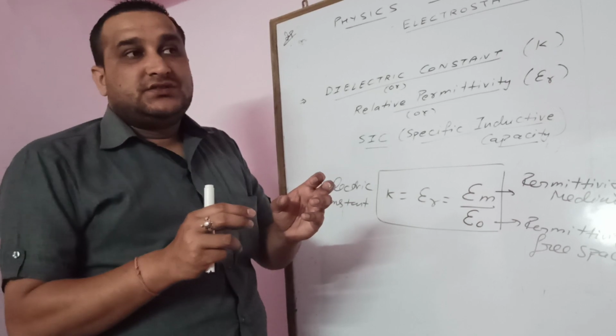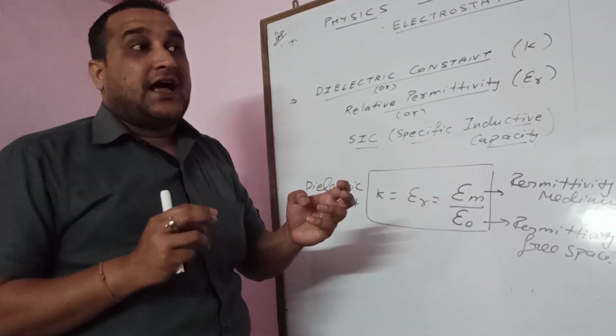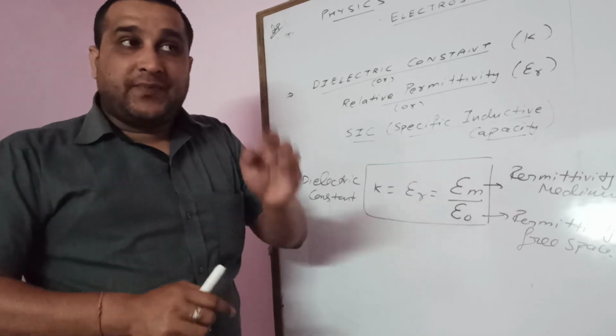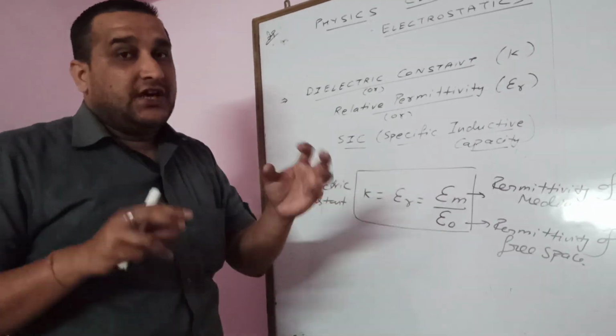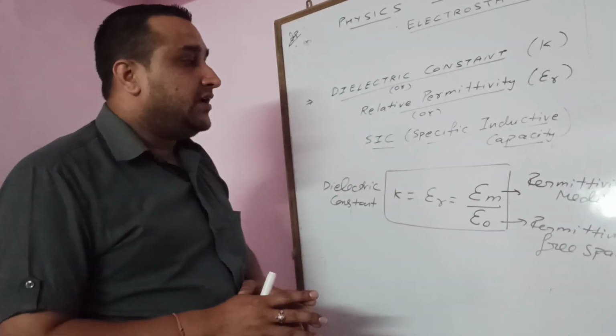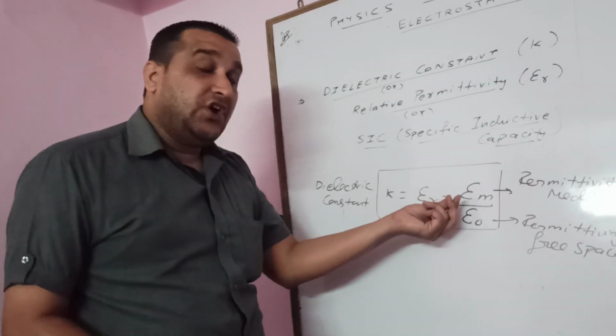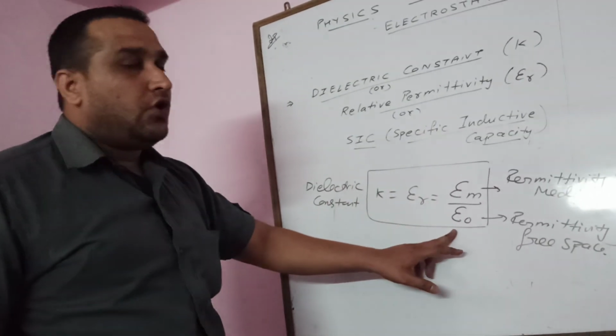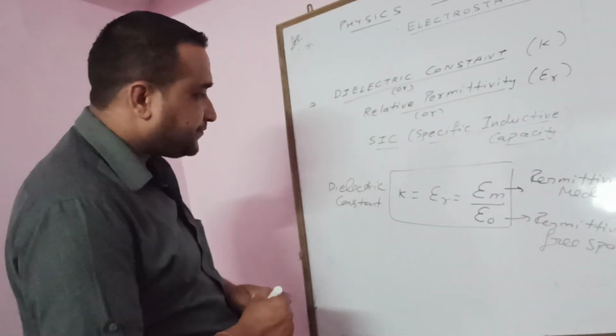Whenever two charges have a repulsive or attractive force, that force is influenced by the medium. The medium has a property known as the permittivity of the medium, or if it is free space or vacuum, it is called epsilon naught.